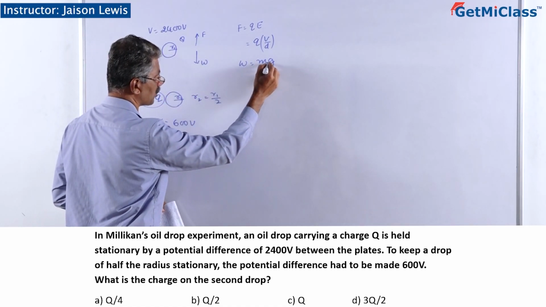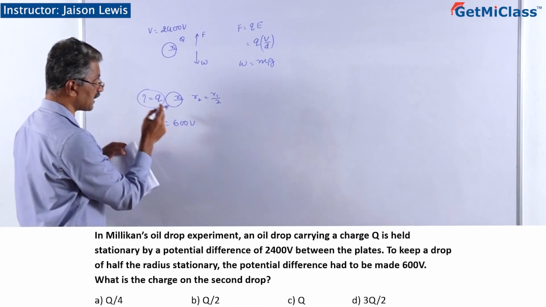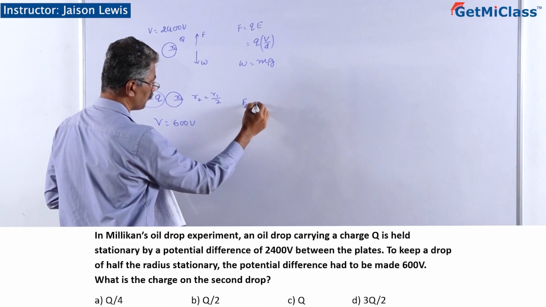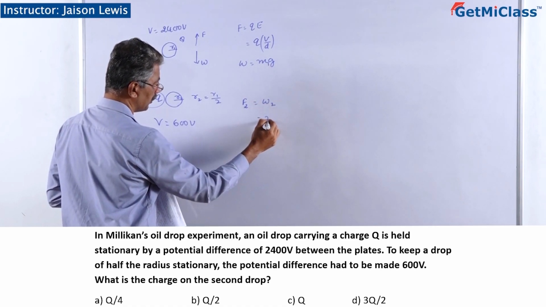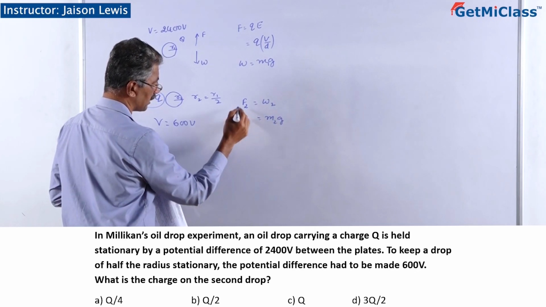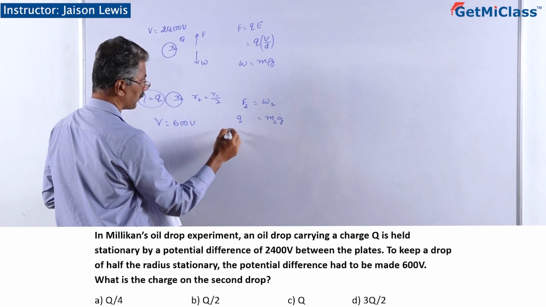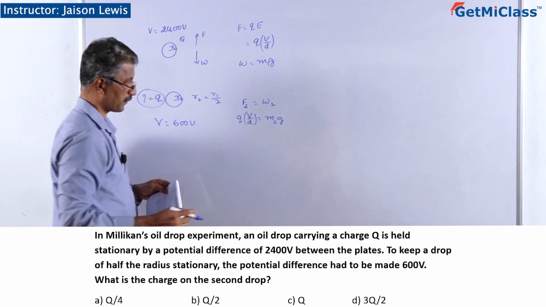I'll take the first drop as m1, so m1g. Whereas in the second case, it is a new force F2 and a new weight W2. So W2 is m2 into g, and F2 is equal to q into the potential difference divided by distance.